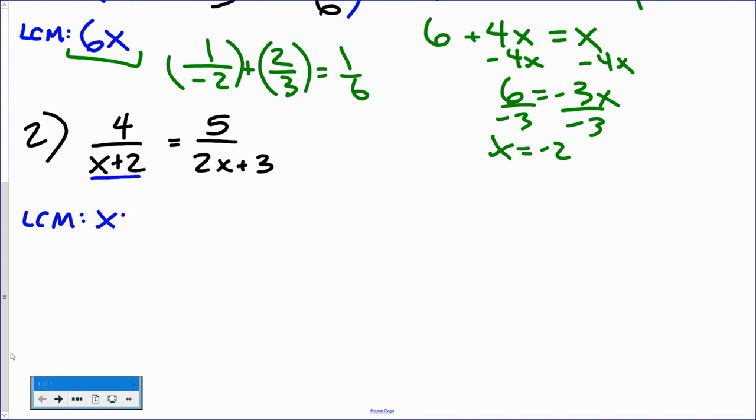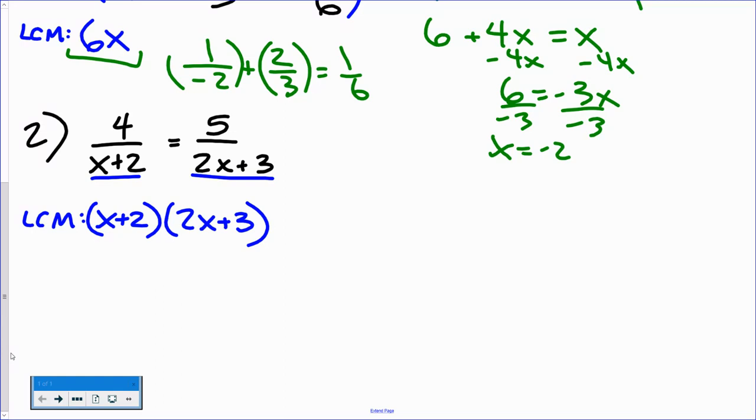X plus 2, I can't factor that anymore, so that's going to be a separate factor itself. 2x plus 3, there's nothing I can factor out. There's no x squared. I can't factor that either, so that is also considered a separate factor itself. So this would be my least common multiple, okay?